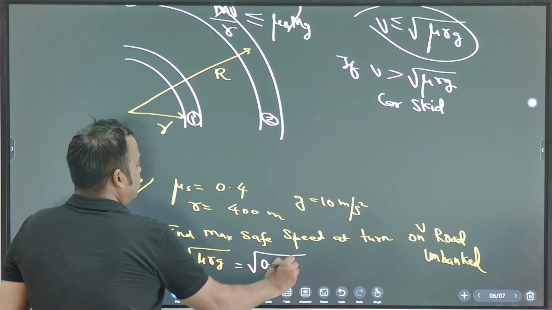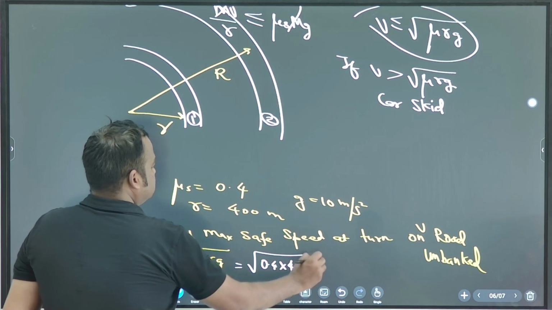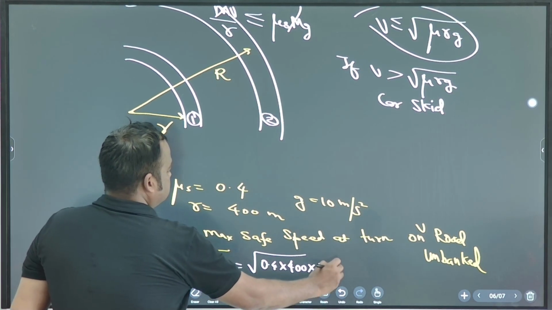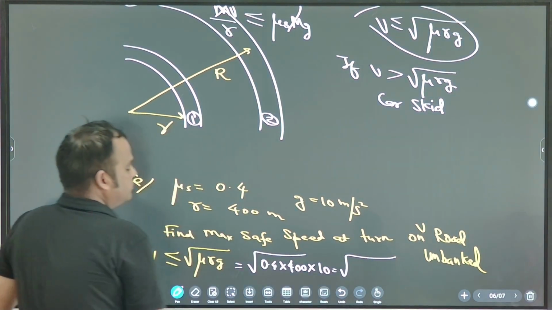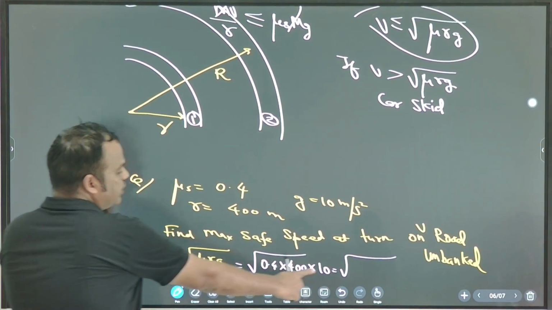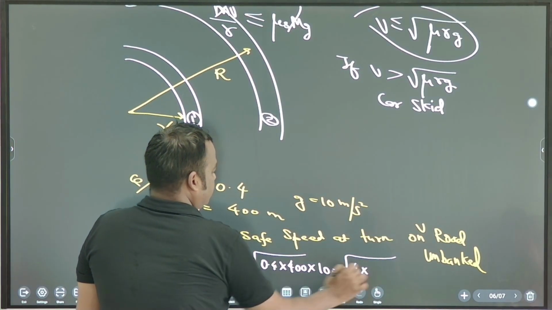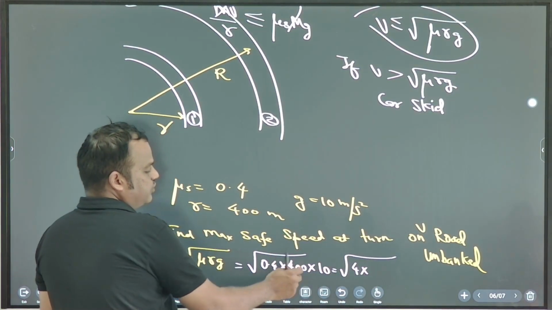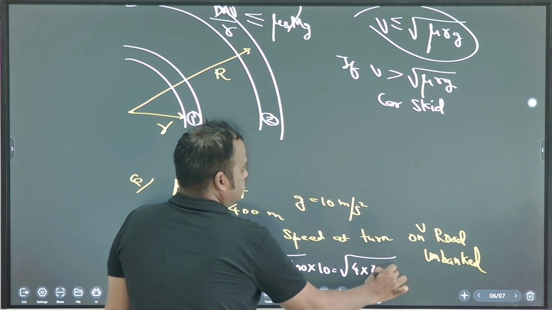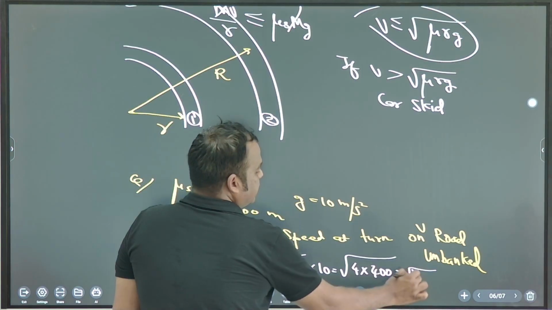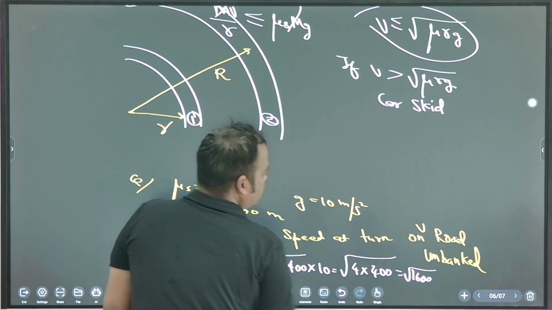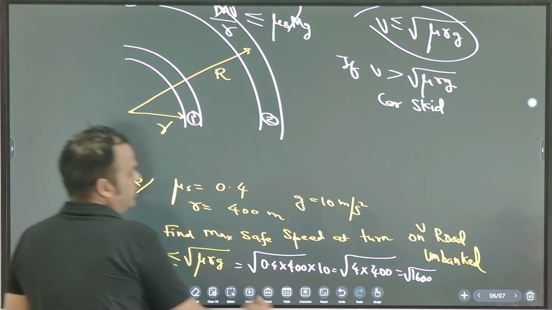So 0.4 into 400 into 10. How much? 0.4 into 10, how much? 4. 4 into 400, so this is 1600. What is the square root of 1600? 40.